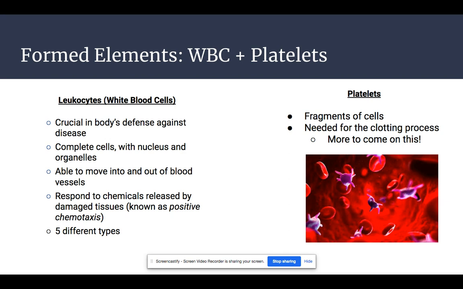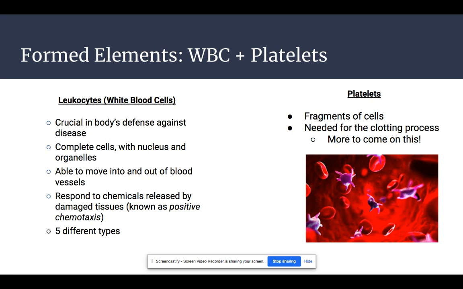And what they are is, unlike the red blood cells, these ones are complete with nuclei and organelles. So they look quite a bit different than the red blood cells. And they'll move in and out of blood vessels, which is extremely important because if we have diseased tissue, you want to be able to get those white blood cells to the diseased or inflamed tissue.